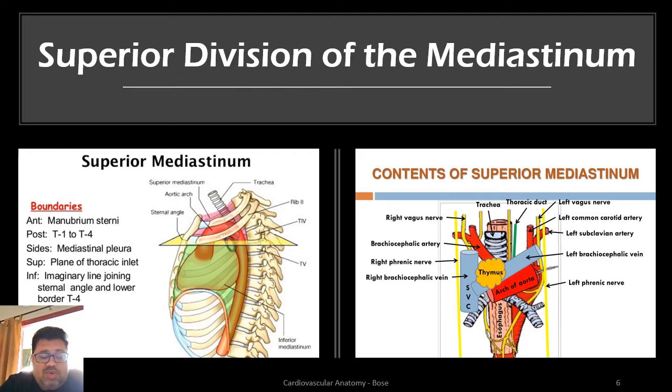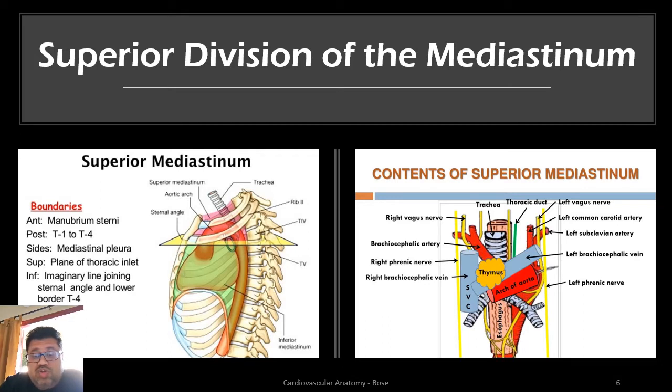On top of the superior mediastinum is the plane of the thoracic inlet. And inferiorly, you have an imaginary line joining the sternal angle or the angle of Louis with the lower border of the T4 vertebra. The contents of the superior mediastinum are shown on the image to the right.